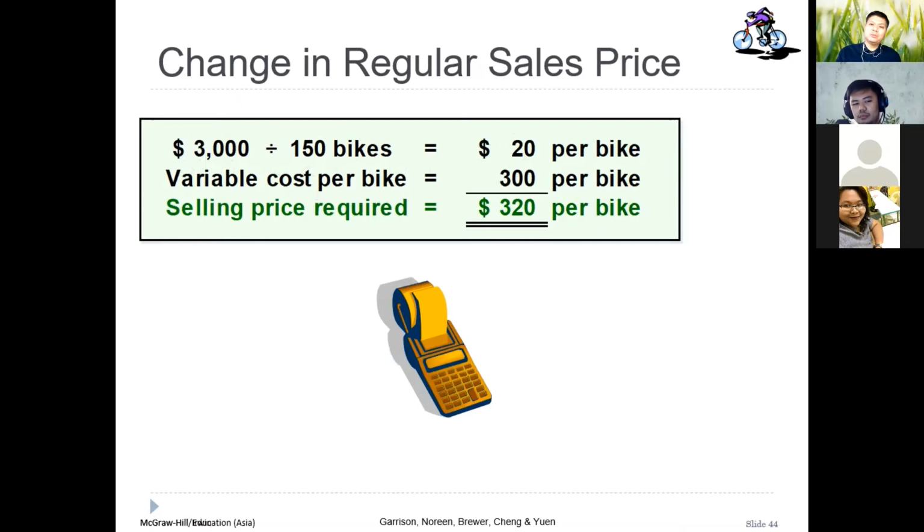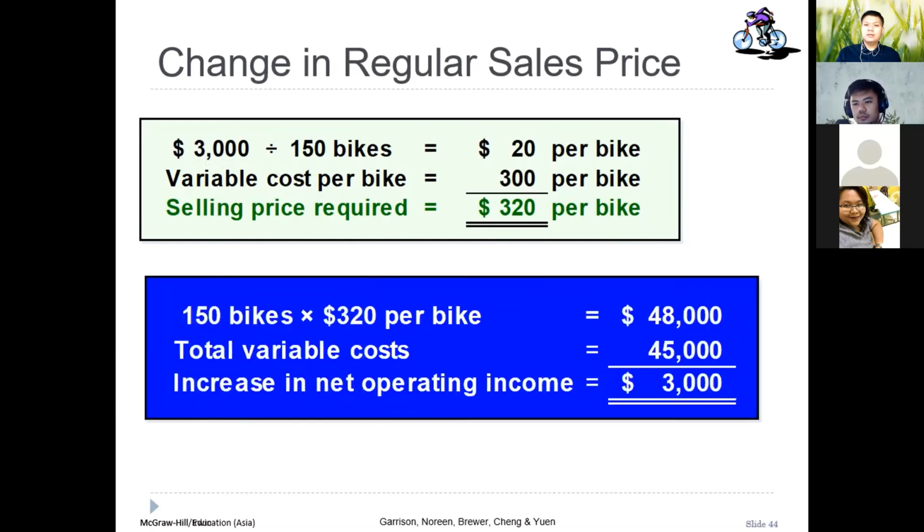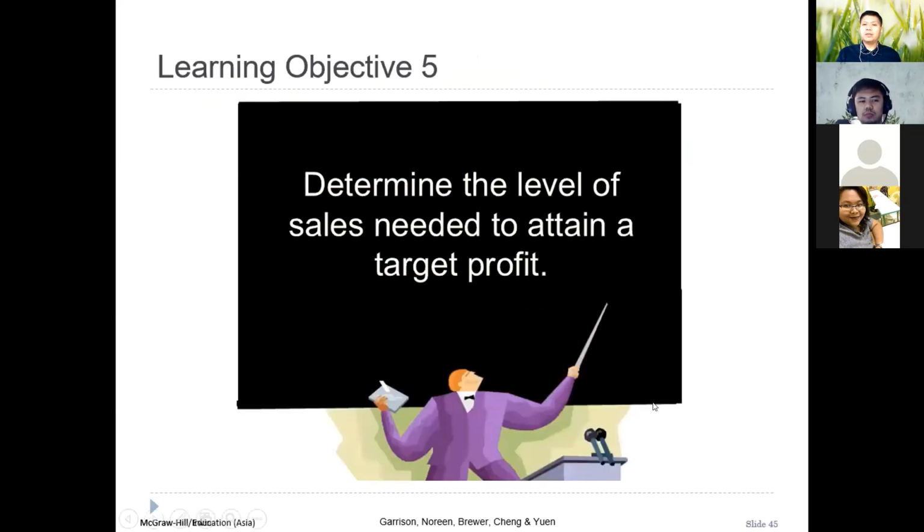What's your price to me? And you say the price is 320. Okay, so 150 bikes times 320, that's 48,000. The variable cost is 45,000. So this transaction will have a net effect of 3,000 increase in your operating income.